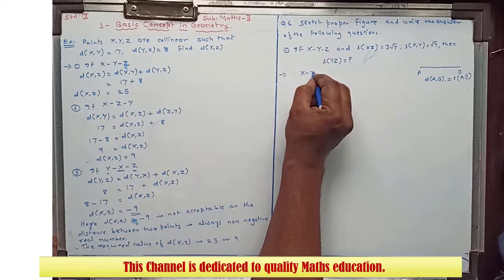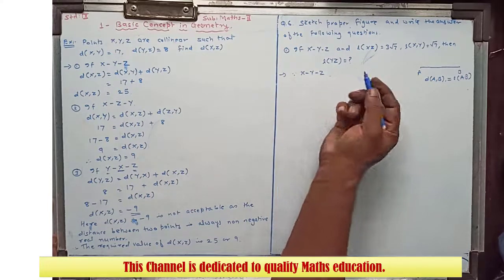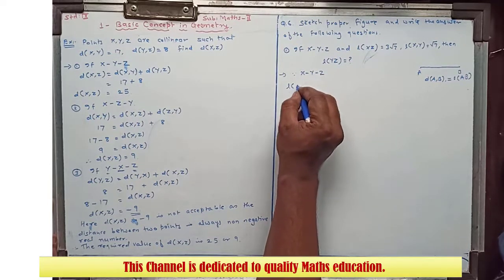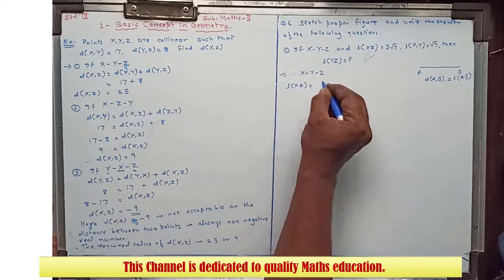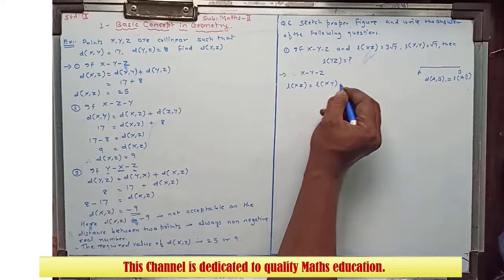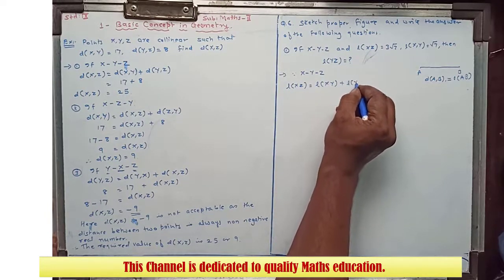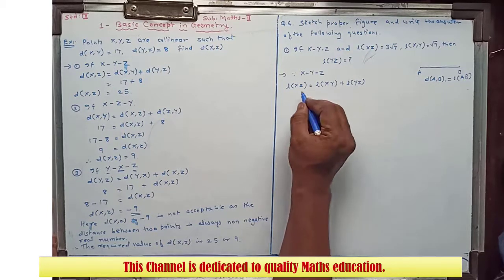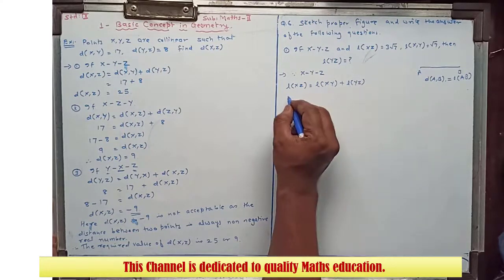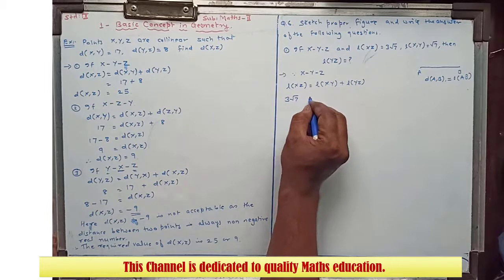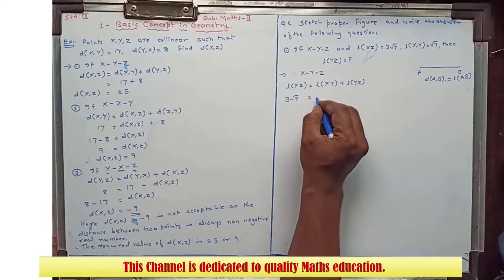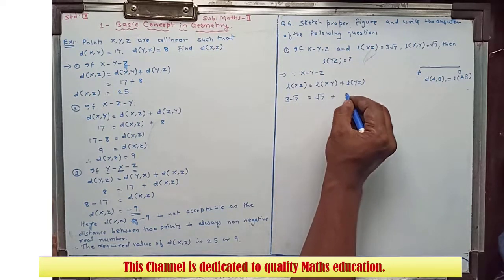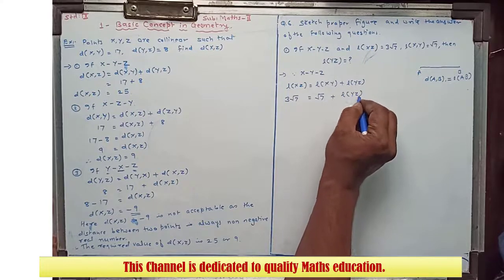Since X-Y-Z, these 3 points are collinear points, length of XZ is equal to length of XY plus length of YZ. Now length of XZ is given, that is 3 root 7, is equal to length of XY, that is also given, root 7, plus length of YZ.